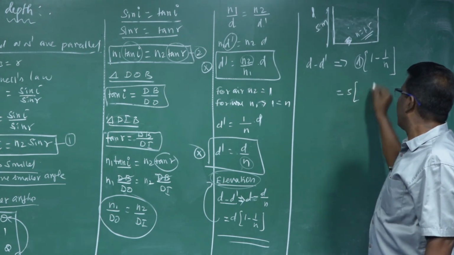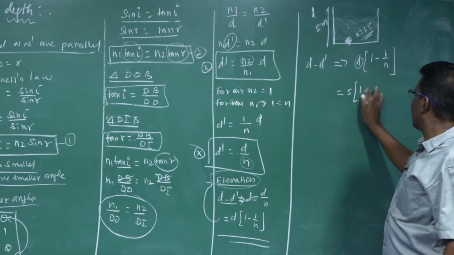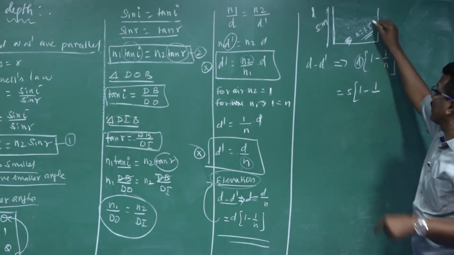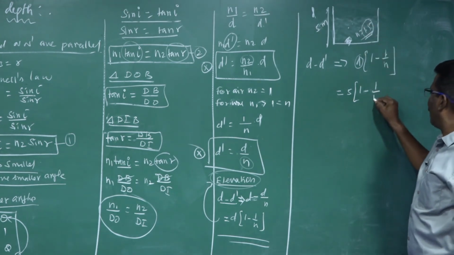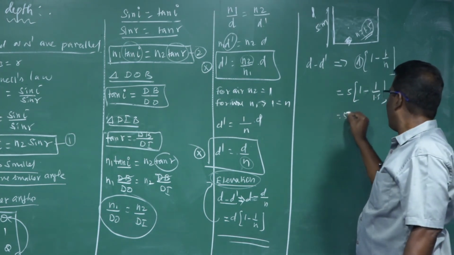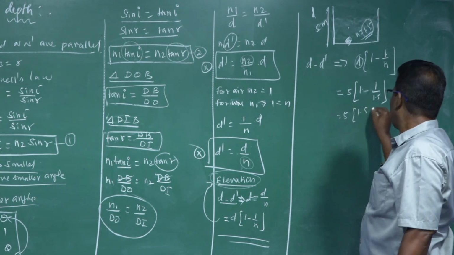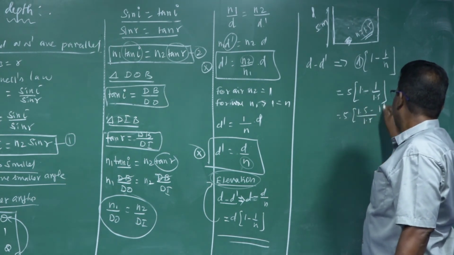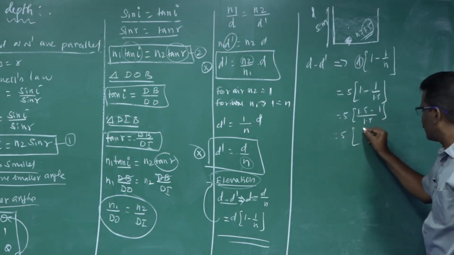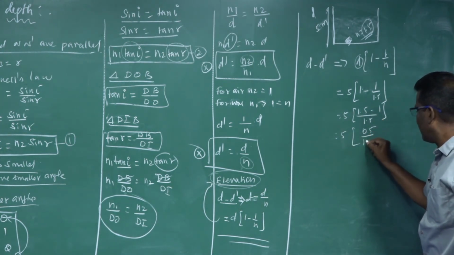So 5 into (1 minus 1 by n). n represents the refractive index, which is 1.5. So 5 into (1.5 minus 1) divided by 1.5, that is 5 into 0.5 divided by 1.5.